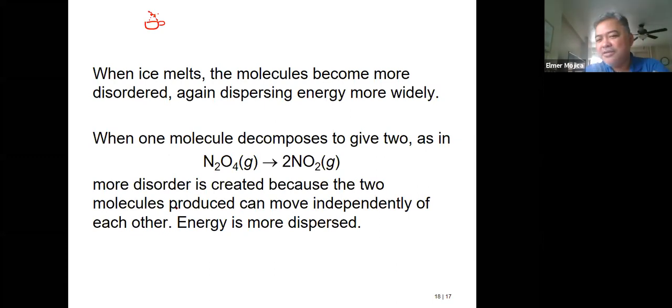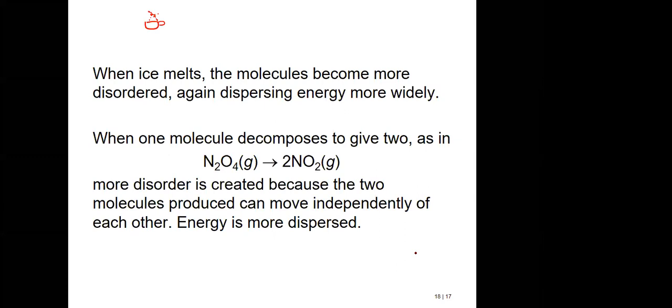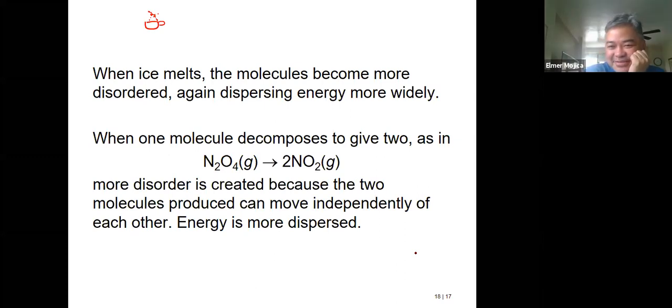I don't know in your own life, when are you productive? When you're alone, or when you work with another person, or when you work with a group? Alone, right? Because it becomes a little bit disordered. If you're alone, I am alone and I am the order.